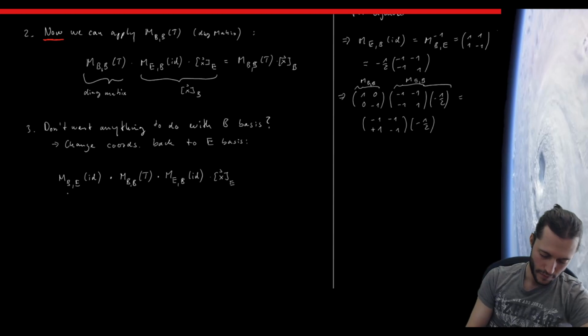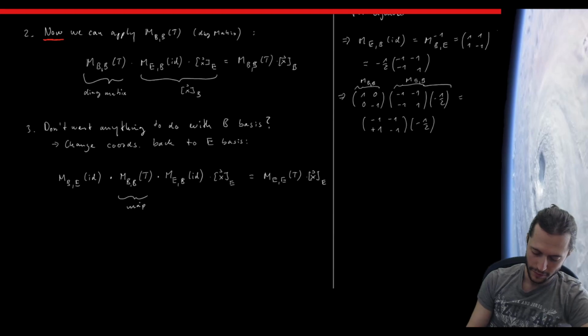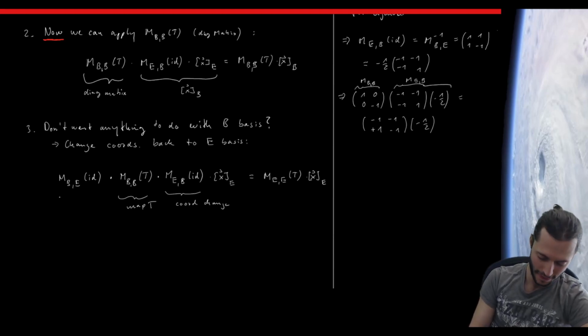And this whole thing is just the same as saying I did my MEE, the ugly matrix, times standard coordinates. So that was the map, the actual map. This was the coordinate change there and back again.